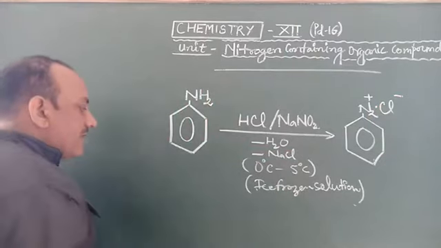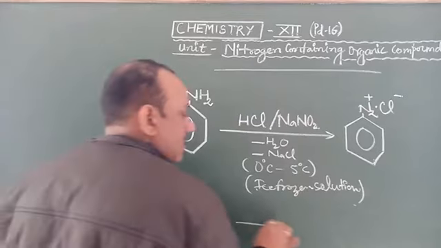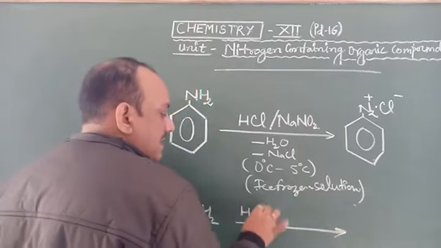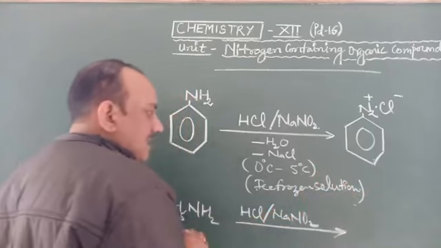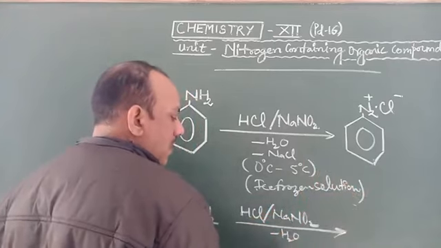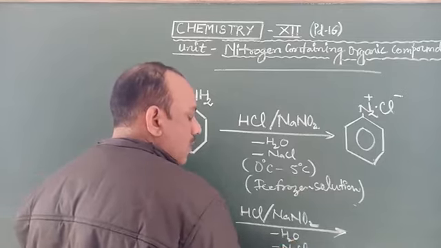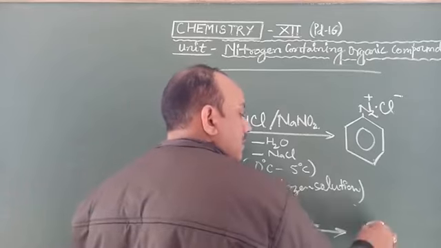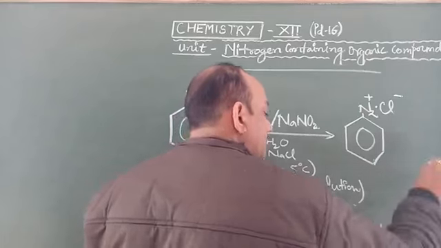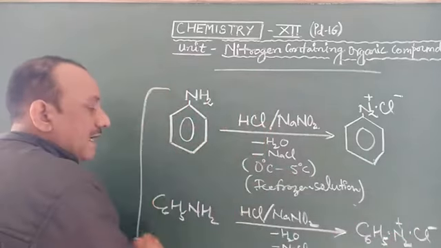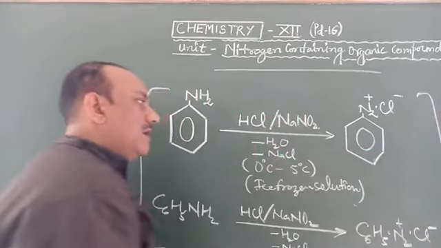Its molecular form is given as aniline in the presence of HCl and NaNO2, because it forms nitrous acid, it releases a water molecule and NaCl to form C6H5N2Cl. So these are all the reactions that prove the formation of benzene diazonium salts.